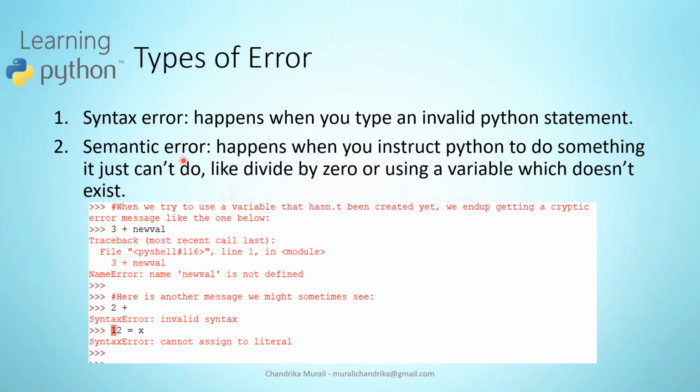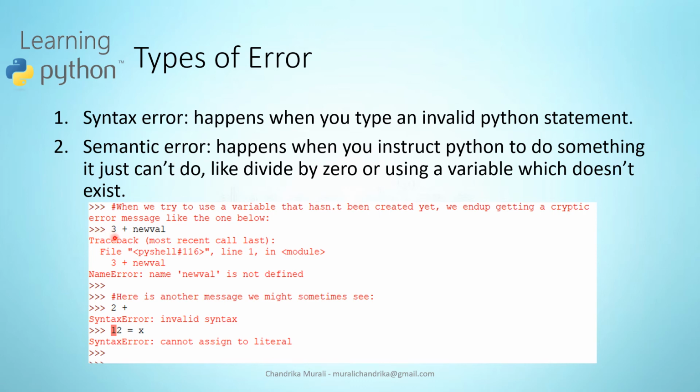Semantic error is about meaning. When you are trying to do something which is not possible for the Python interpreter to do, like dividing a number by 0 or using a variable which doesn't exist, all those things will be considered as semantic errors.